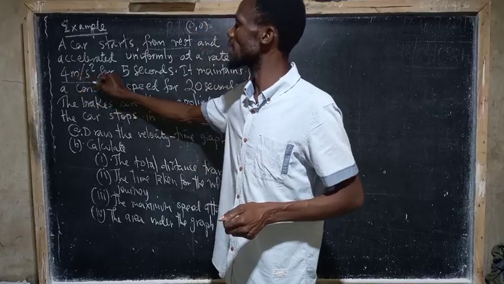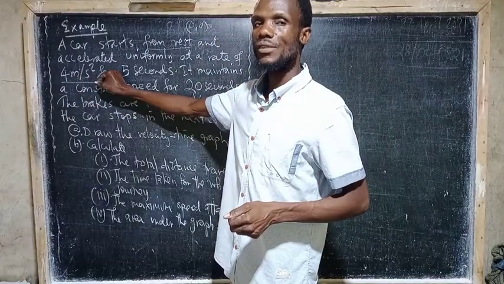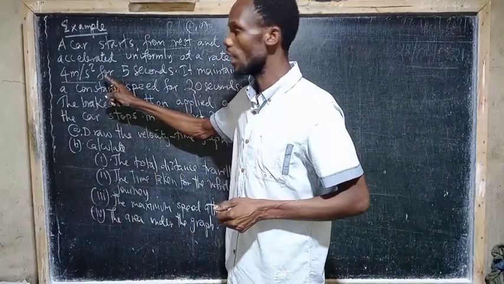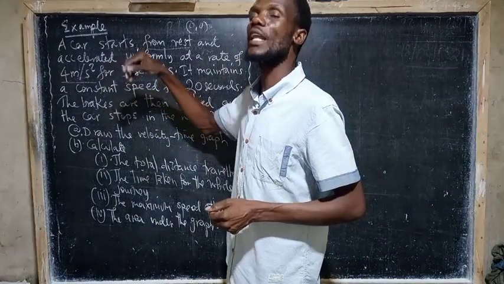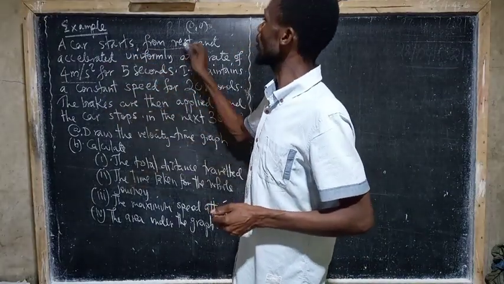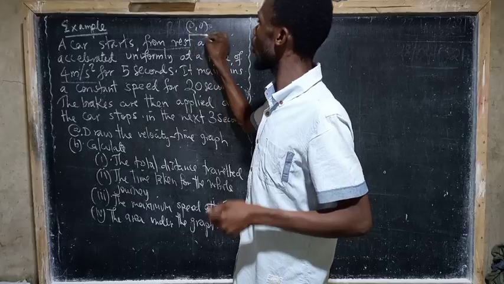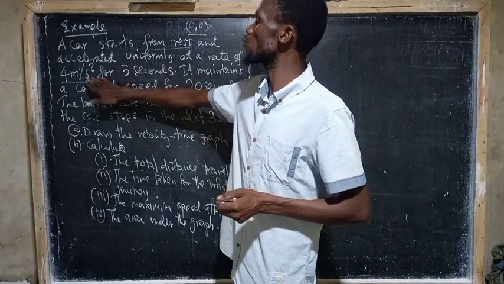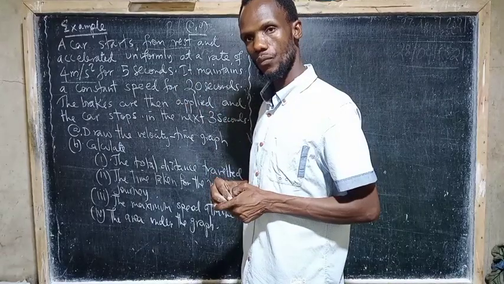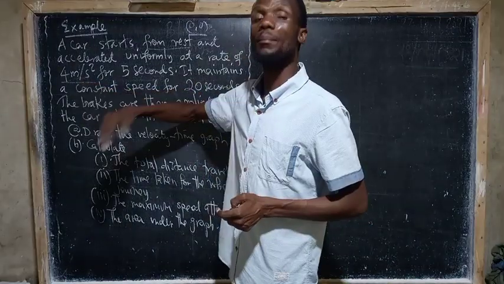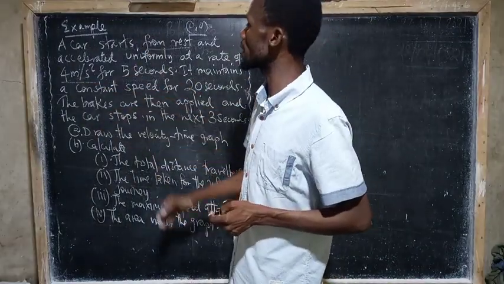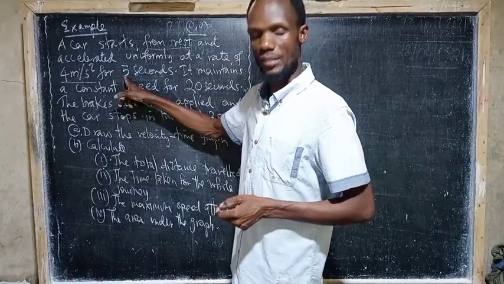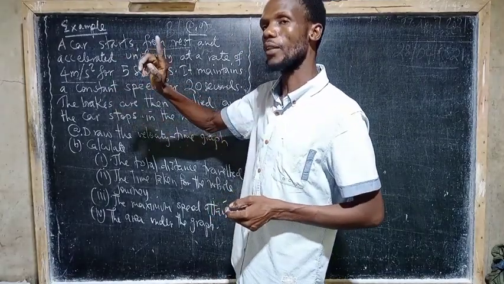This is an acceleration, so we use the first equation to get the velocity, because it started at 0,0. Then it moved with an acceleration of this one for 5 seconds. So this acceleration can be used to determine the velocity that was attained within these 5 seconds. That is very important.